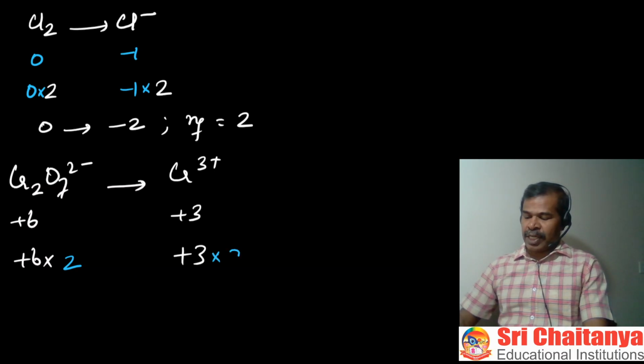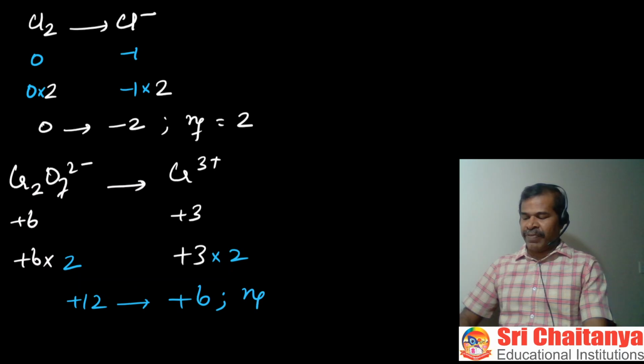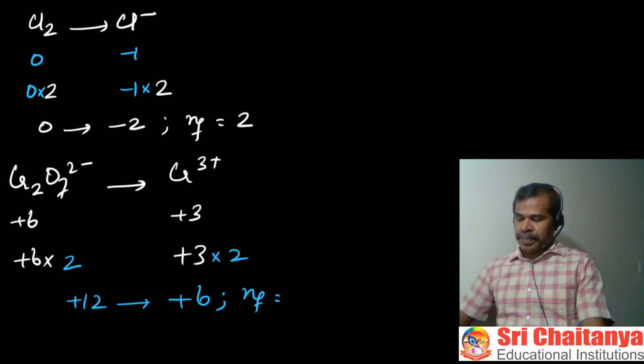Again, I should consider 2 atoms because my reactant has 2. So net it is +12 changing to +6. So the N factor for this is 6.